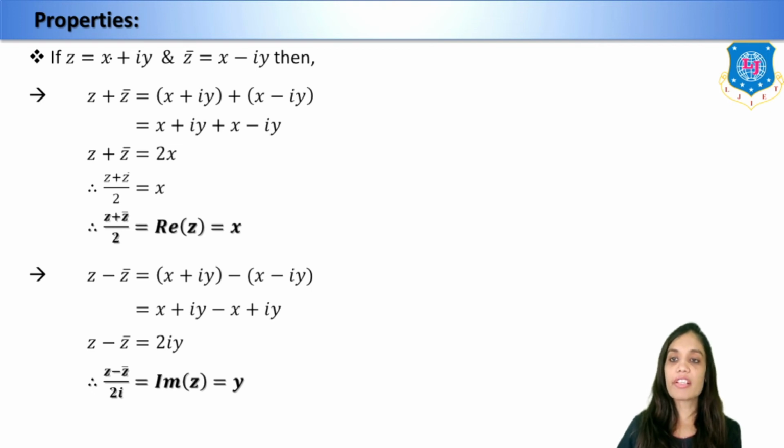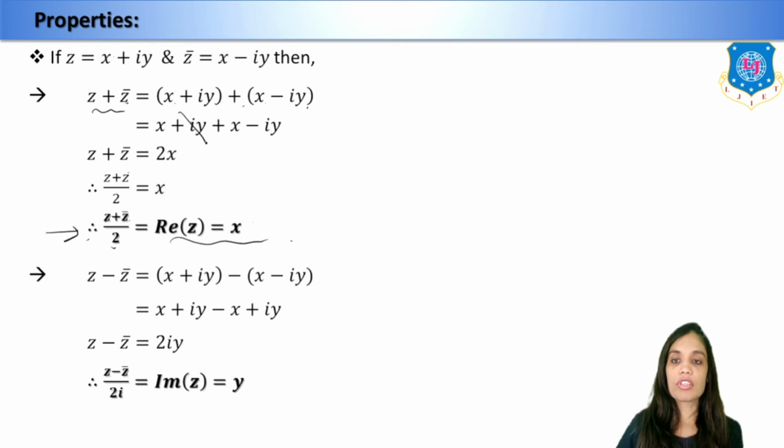So if z equals x plus iy and z bar equals x minus iy, then we can prove that the real part of z, meaning x, equals z plus z bar upon 2. This is one kind of example also. Firstly we will find z plus z bar. Your z is x plus iy, plus your z bar is x minus iy.